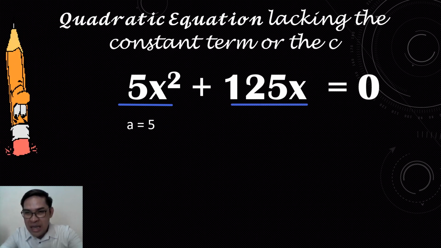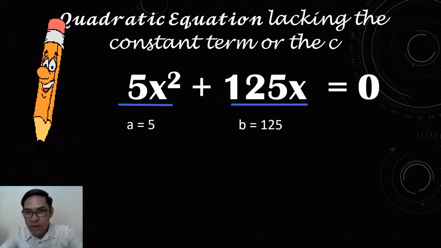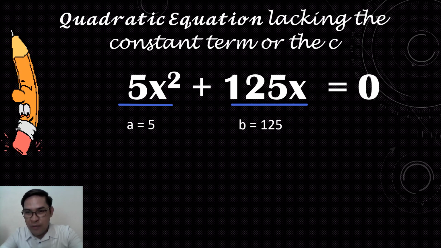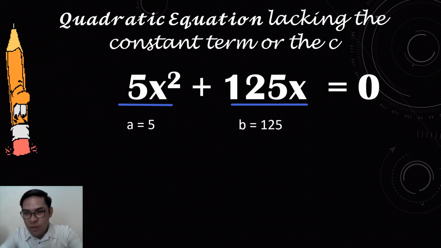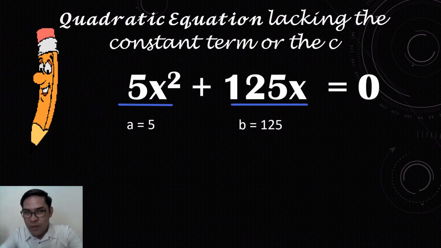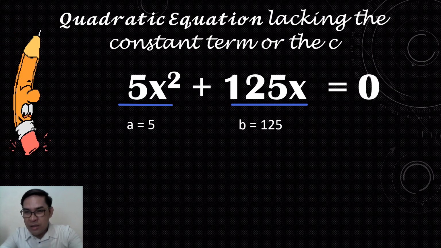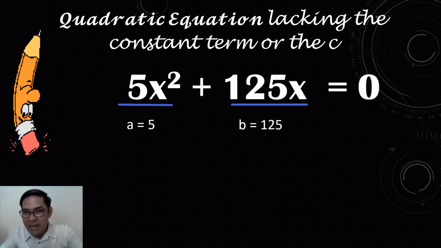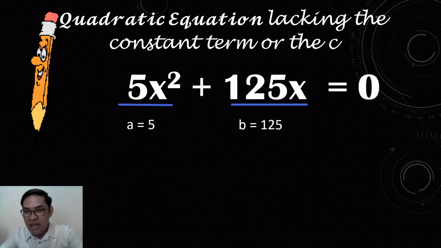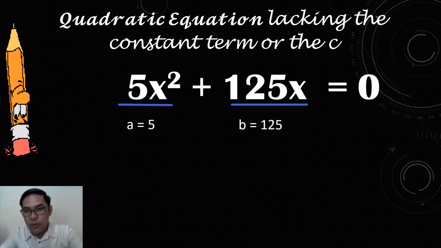How about b? b is equal to 125. And how about c? c is equal to 0. As far as we know, when a quadratic equation is lacking the constant term, c is equal to 0.